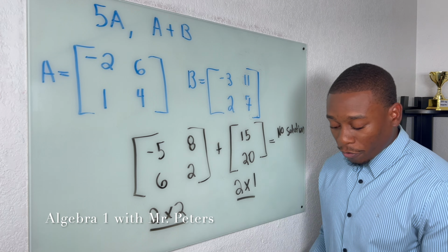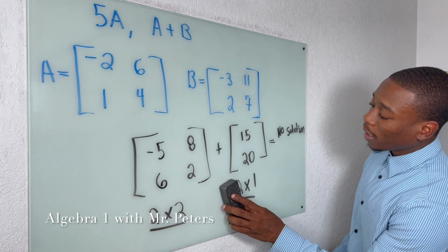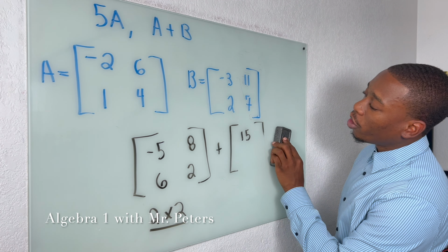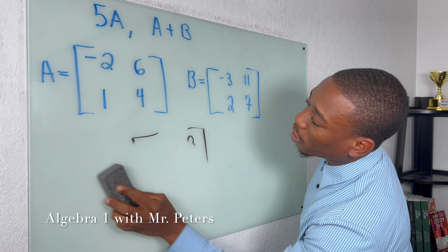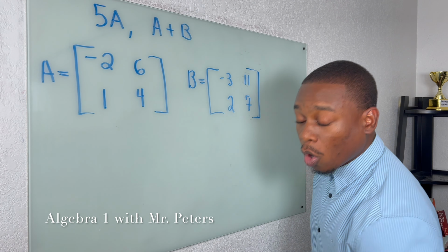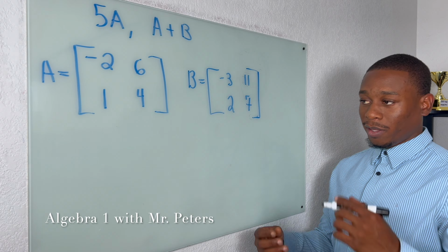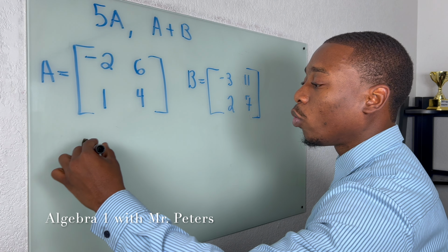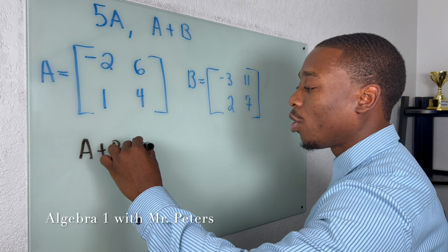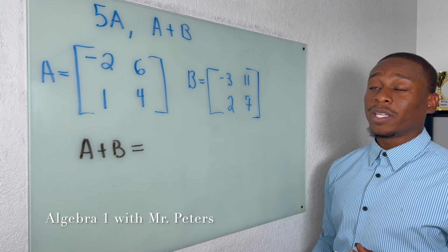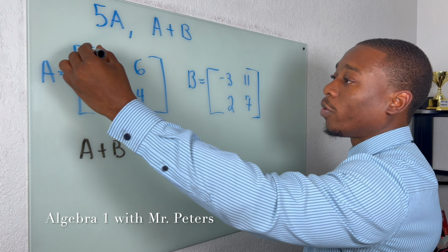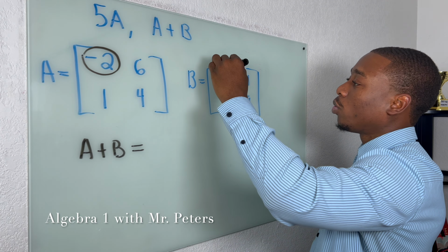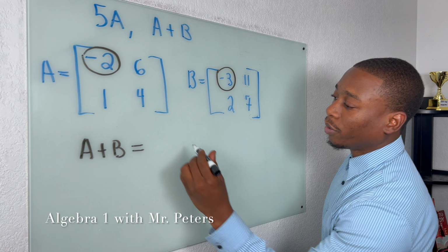But let's say we focus back to what's in blue. If we notice, both of these matrices are 2 by 2, so we are able to add them. And this is how we properly add them, okay? We have to add the corresponding elements with each other. So that means -2 needs to be added with -3.